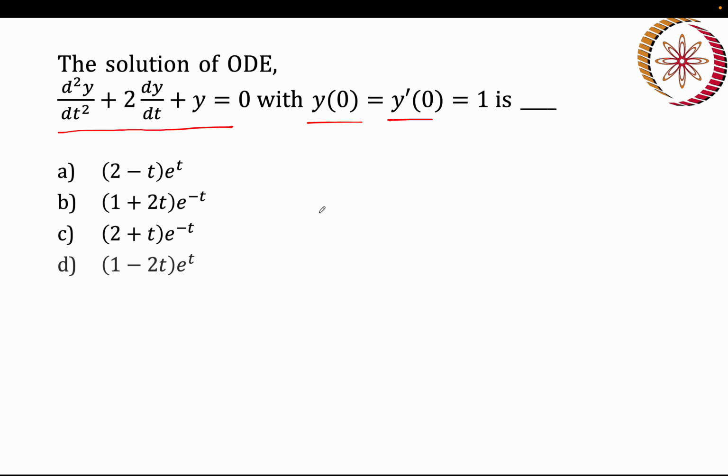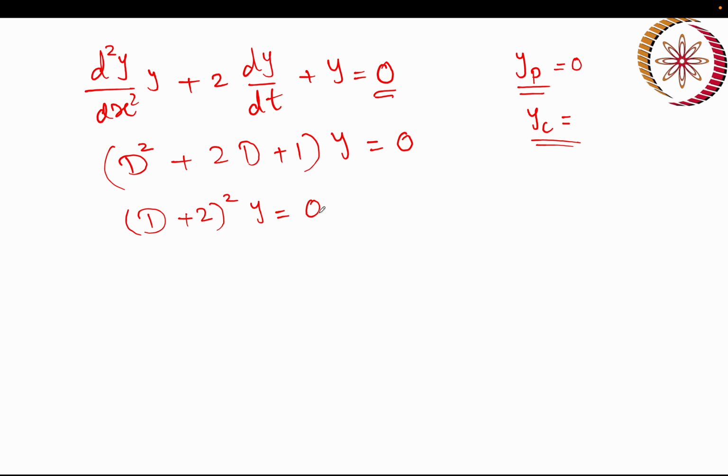Okay, so now you can see that there are repeated roots, so D is equal to minus 1 and minus 1 once again. So in this case, the solution will be of this form.